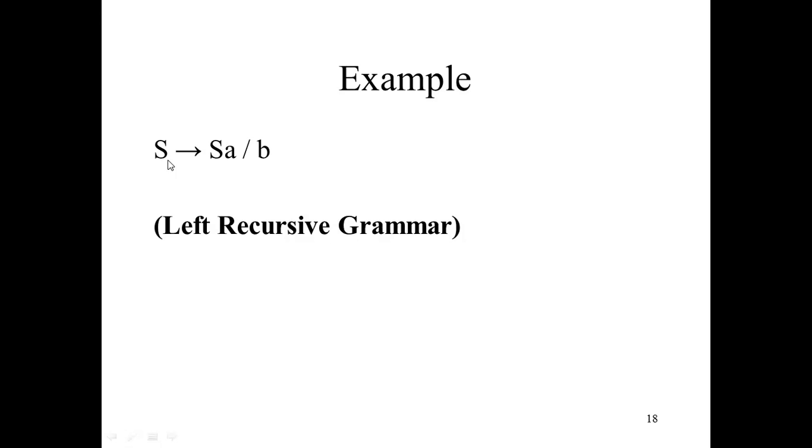So we can write this as Sa or only b as per the need of the string. There is always one string provided to us, and as per need we can replace this. Such a type is called the left recursive grammar.